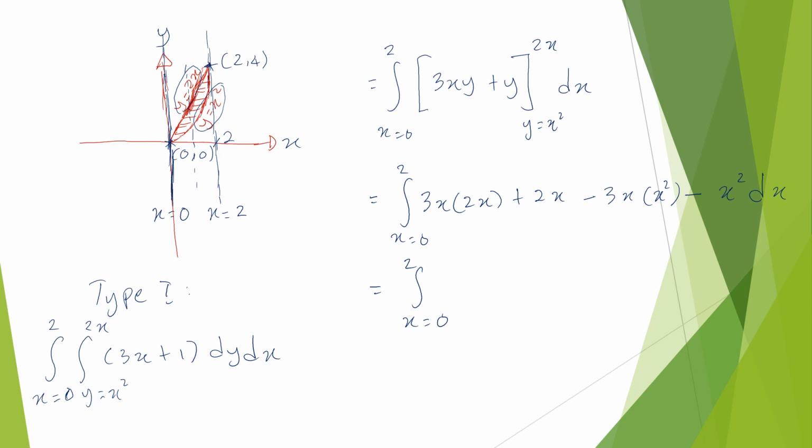Now simplify. 6x squared plus 2x minus 3x cubed minus x squared dx equals 5x squared plus 2x minus 3x cubed dx. Proceed with integration with respect to x.